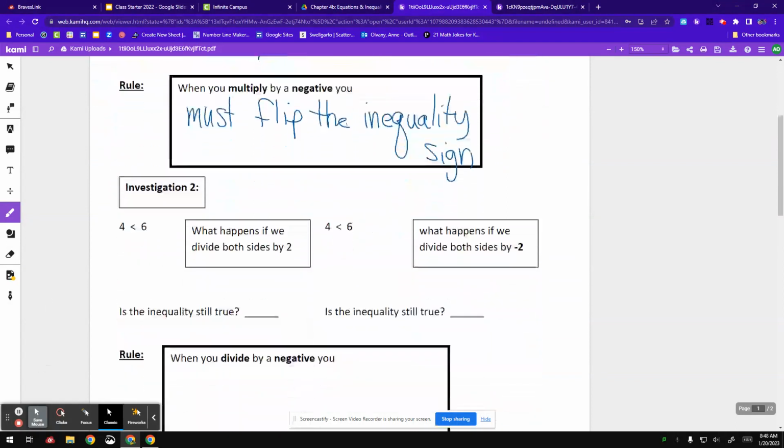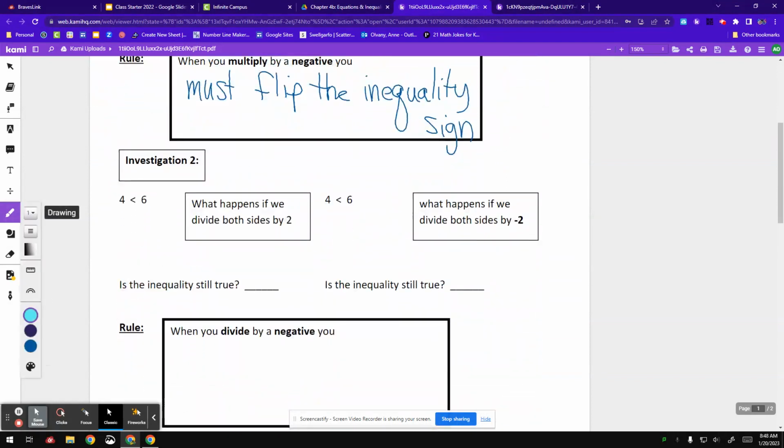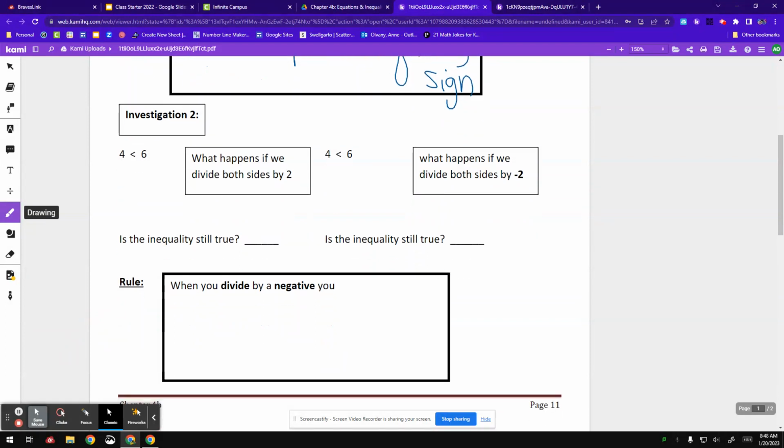Let's try division and see if that same thing is the problem for division. 4 is less than 6 is true. Let's divide both sides by a positive 2. We get 2 is less than 3. Is that still a true statement? Yes, it is. So it is totally okay to multiply or divide by a positive number.